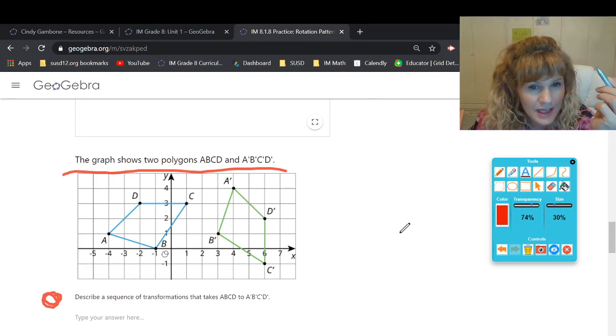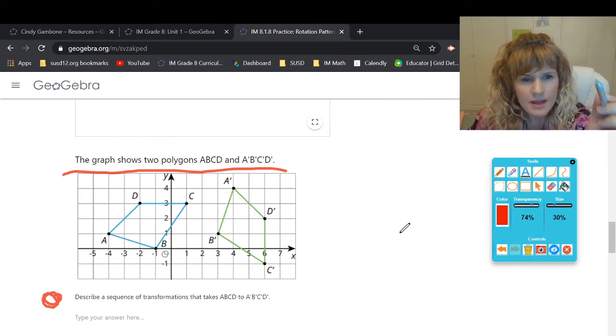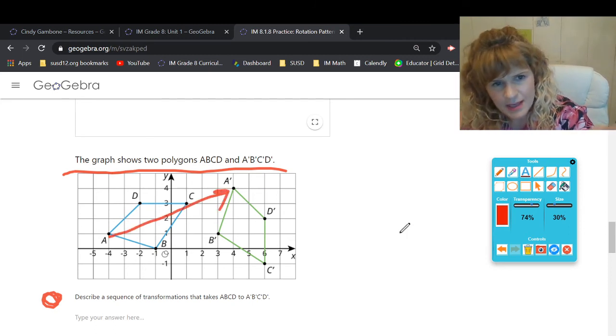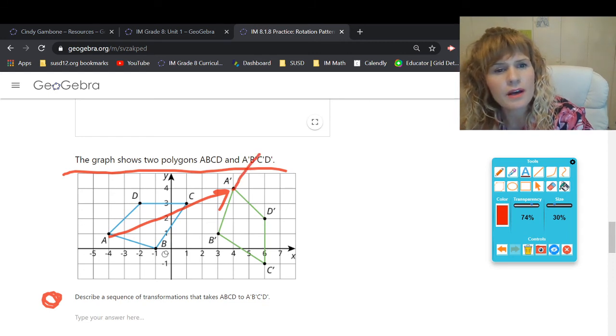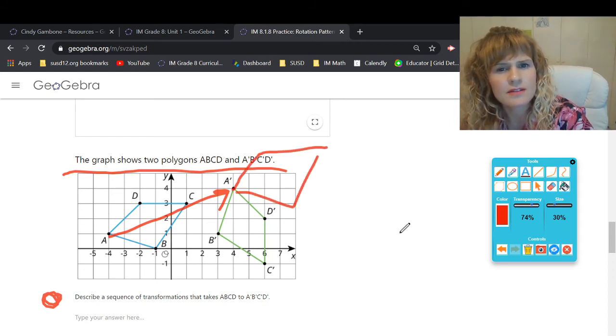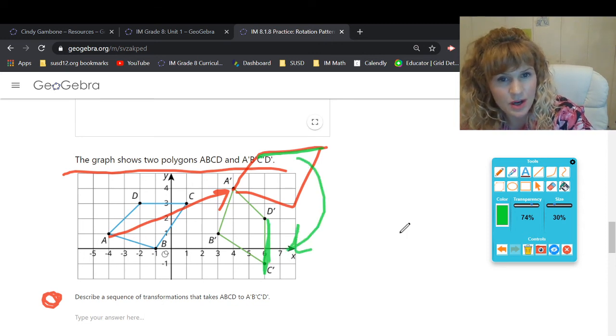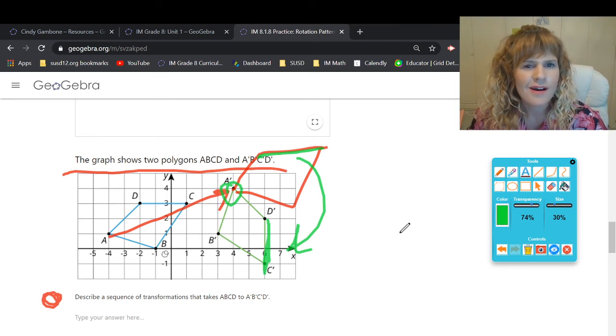The first thing I see is, if I translate from point A to point A prime, then my polygon would look something like this, right? And then to go from, let me change colors. There we go. To go from this side here to this side here would be a 90-degree rotation around point A. Okay, I got it.